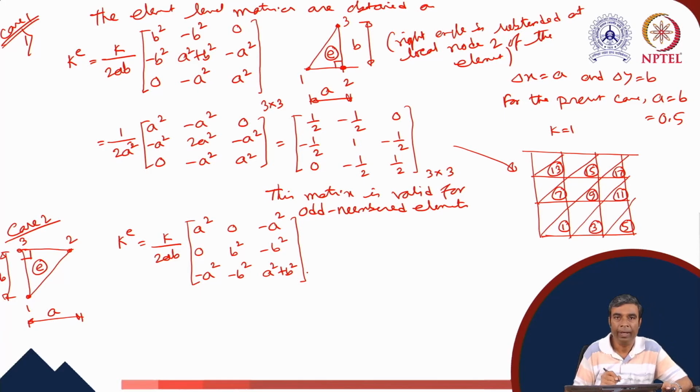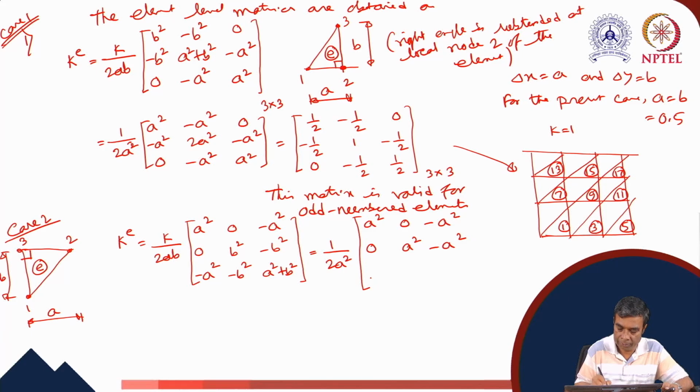Now putting A equals B, in addition to K equals 1, this is 1 by 2 A square, 0 minus A square 0, A square minus A square, minus A square minus A square 2 A square.